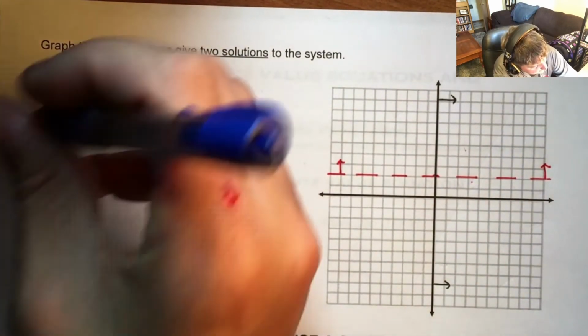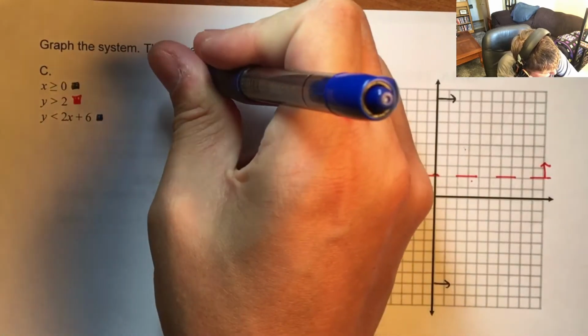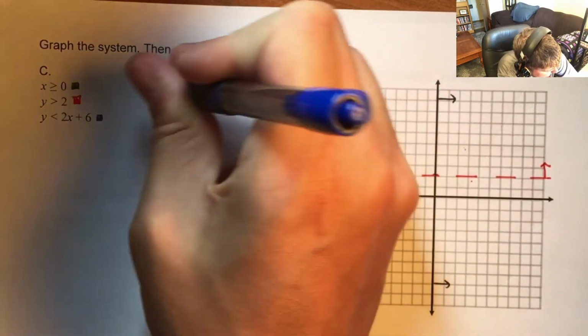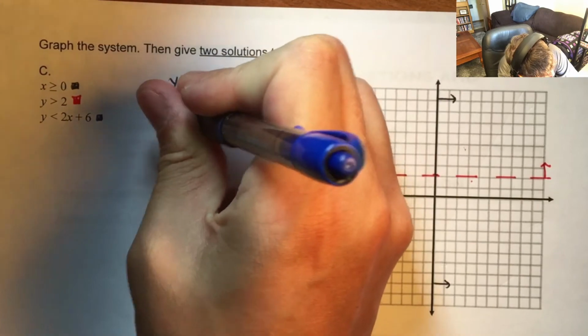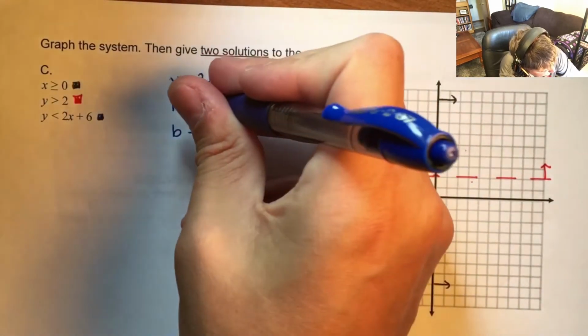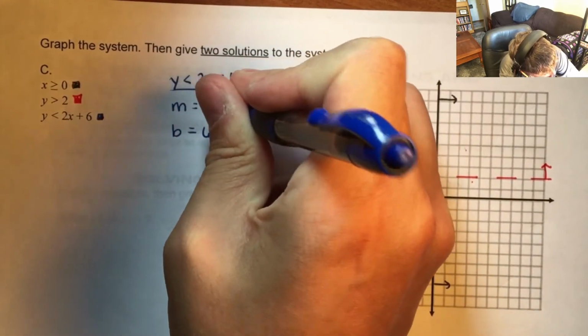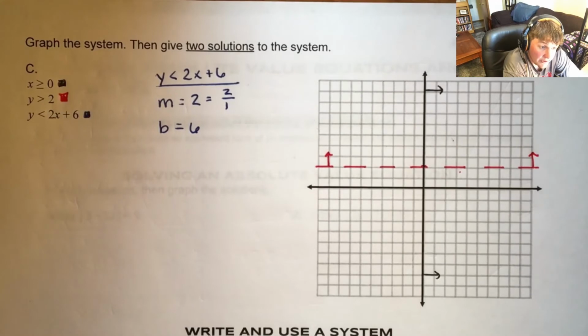And then lastly, the blue line. The blue line is in, I would say, probably most people's favorite form, which is slope-intercept. So the m value is 2 and the b value is 6. We can rewrite 2 as 2 over 1.